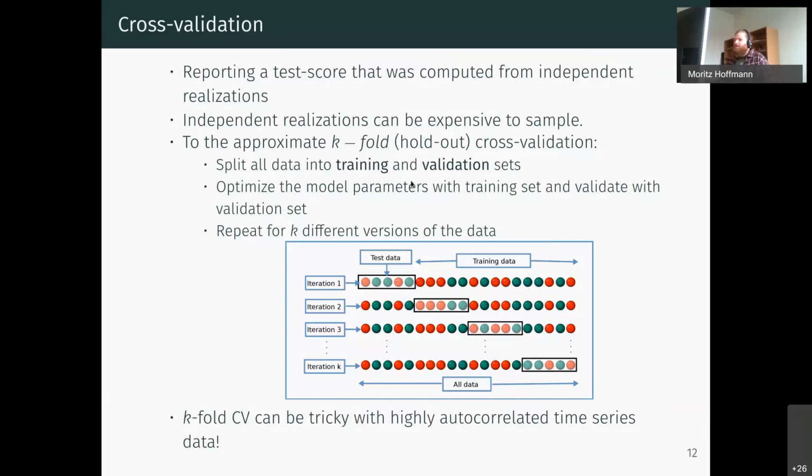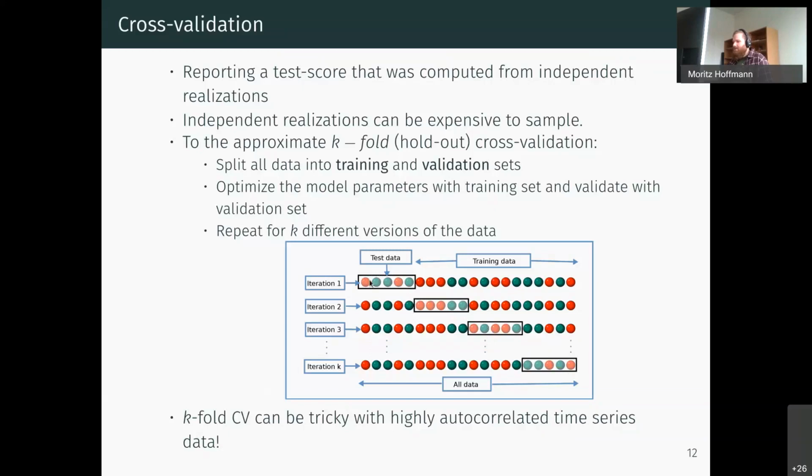And you split it into k disjoint sets, and k minus 1 of these sets, so in this case 3, this is a 4-fold, 3 sets are used for training, and the holdout, this one set, is used for testing. And then you just cycle through this.